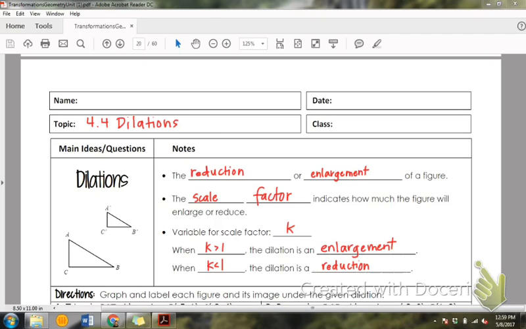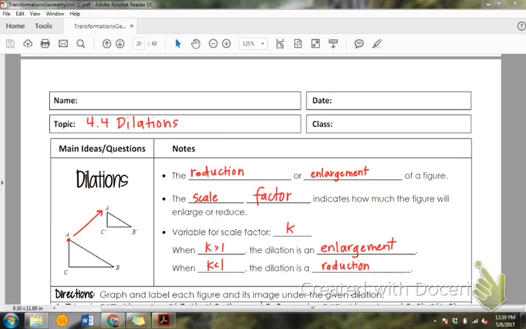Okay, so if we are looking at this picture over here, we have triangle ABC, and then do you see the little triangle has apostrophes next to it? You guys see that? We call that A prime. They use the words A prime, B prime, C prime. All that means is that the big A is the original, and A prime is after you have already done a dilation to it.